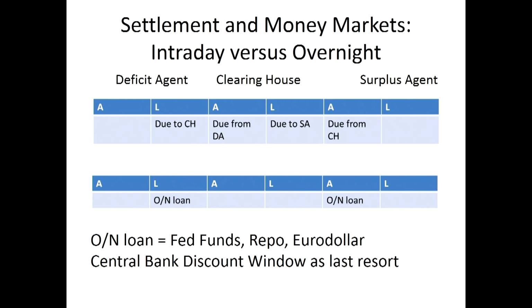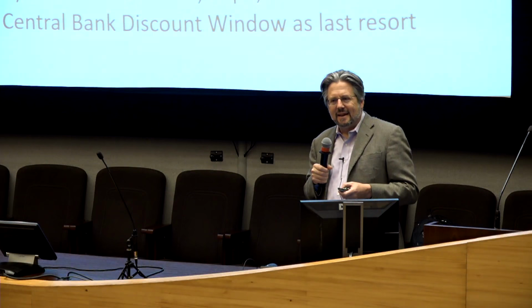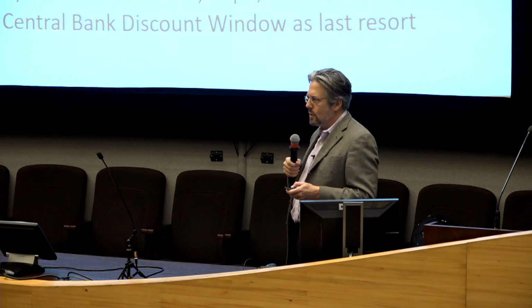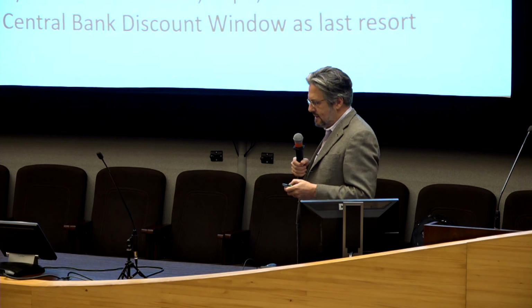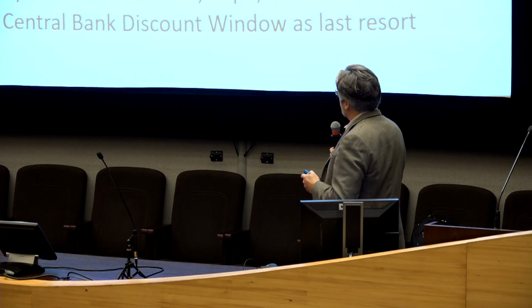It's a big bank. But just by the logic of the system, there has to be another bank out there somewhere in the opposite position, a surplus agent, that has received more deposits than it has paid out.